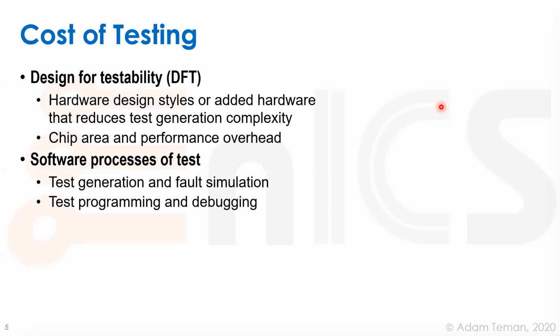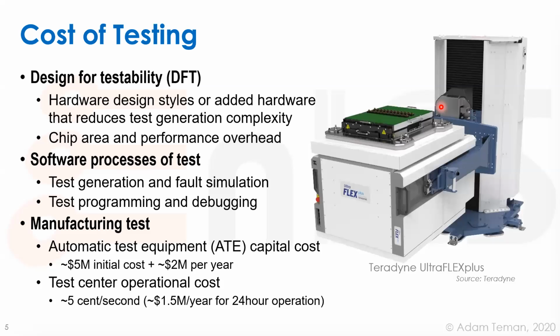And it costs us basically because we have to add structures that cost area, and it also can hurt our performance. So that's one aspect of testing. The other aspect of testing is the software processes. So we have to generate the tests and so forth, and that's R&D that we have to do. And of course, the actual test itself, the manufacturing tests.